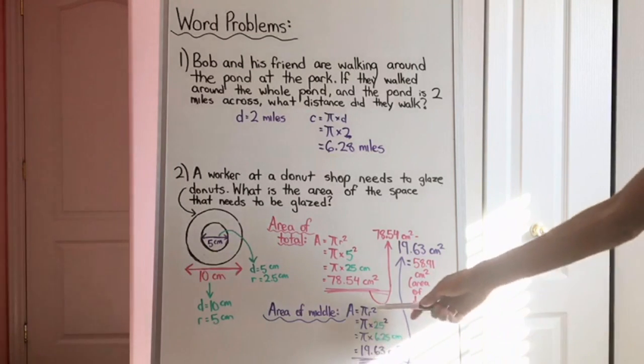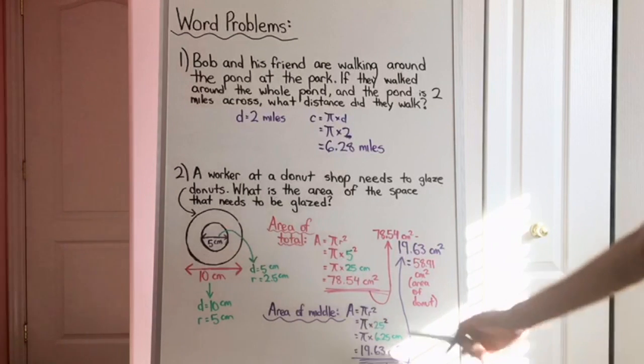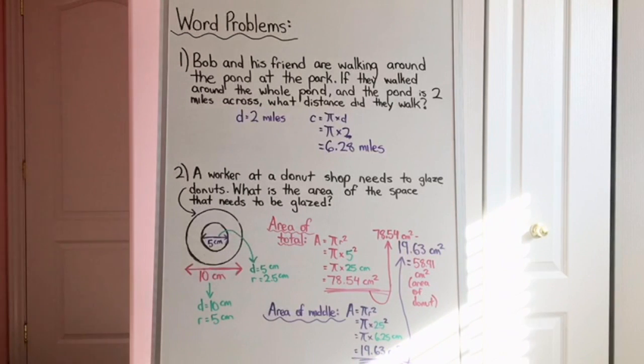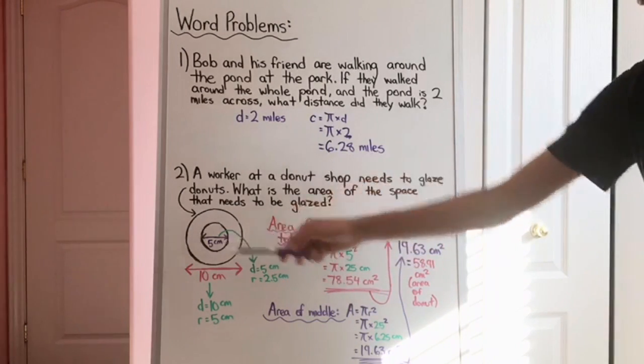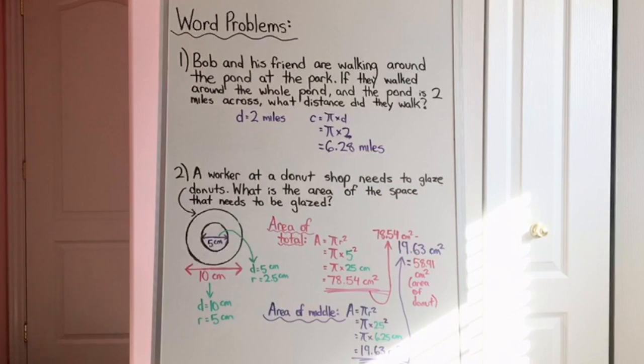So, we do the same thing, and we find the area of it. Area equals pi r squared, which is pi times 2.5 squared, because the radius is 2.5 centimeters, half of 5 centimeters, and we find that it's pi times 6.25 centimeters, which gives us 19.63 centimeters squared.